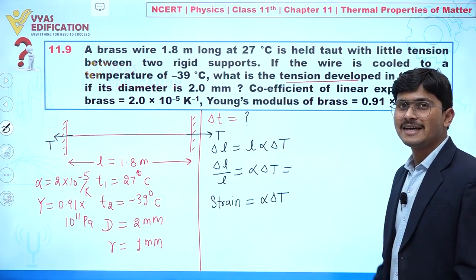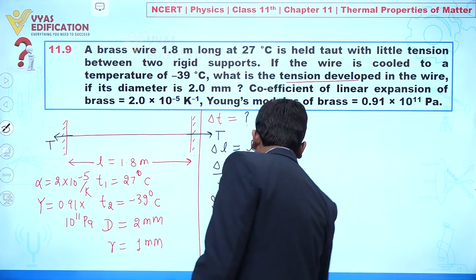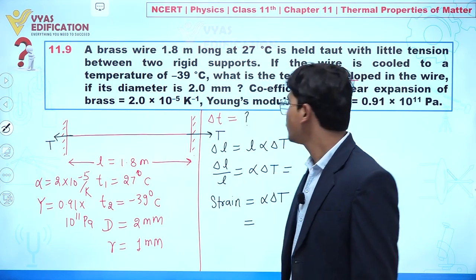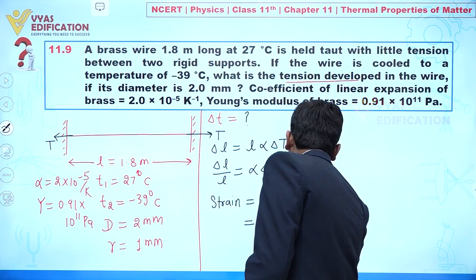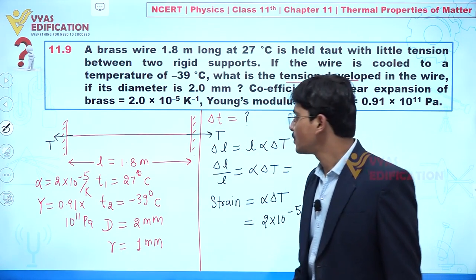Now what is strain? For that, the alpha value of this brass wire is given to you as 2 into 10 to the power minus 5, multiplied with the change in temperature, clear?